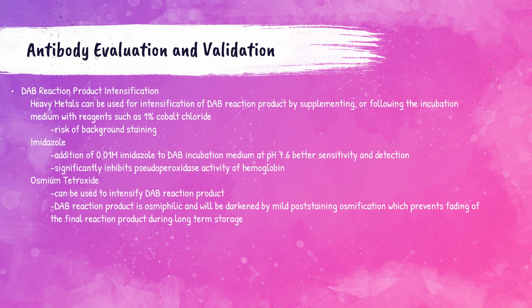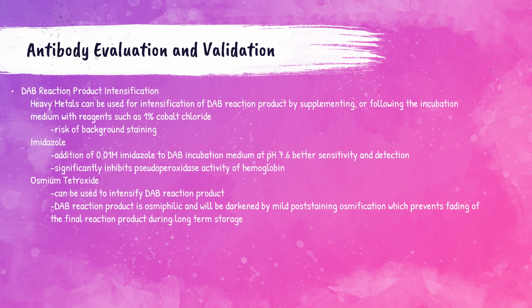The reaction product from diaminobenzidine, or DAB, can be intensified by a few different methods. Heavy metals can be used for this by supplementing or following the incubation medium with reagents like 1% cobalt chloride. With this method, there is a risk of an increased level of background staining. Imidazole can also intensify the DAB reaction.